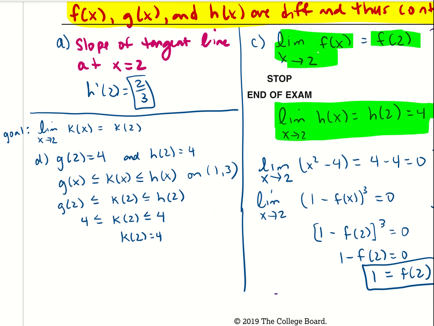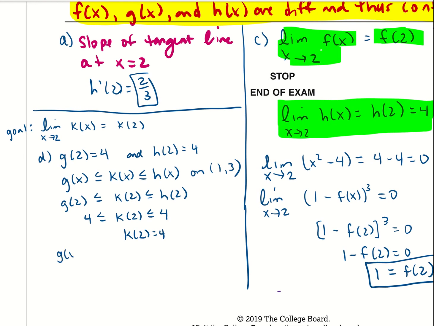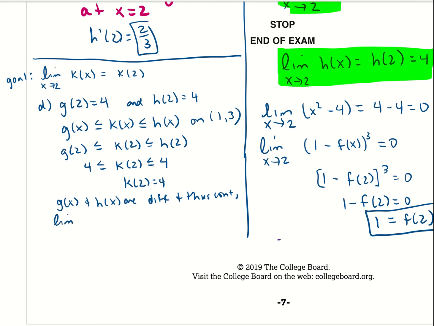Because G and H are differentiable and thus continuous, which we had stated earlier, but you could state that again if you want. So they are differentiable and thus continuous. Then what I know is that the limit as X approaches 2 of G of X has to equal 4, and that also has to equal the limit as X approaches 2 of H of X, because they're continuous, they have to equal G of 2 and H of 2, which both equal 4.